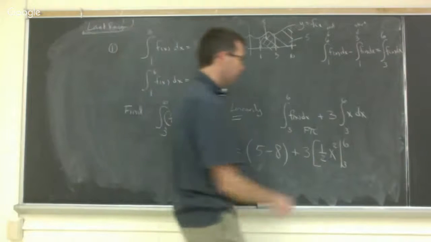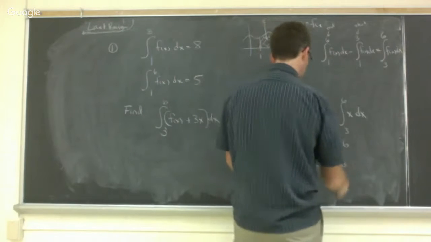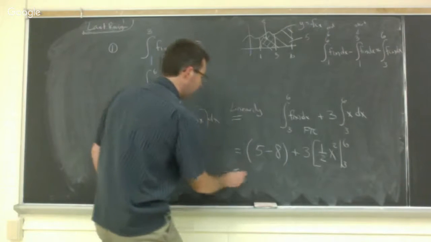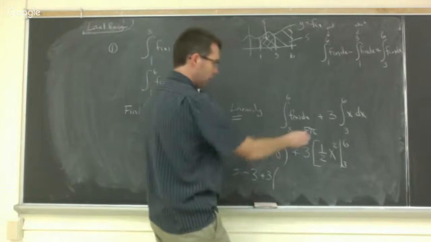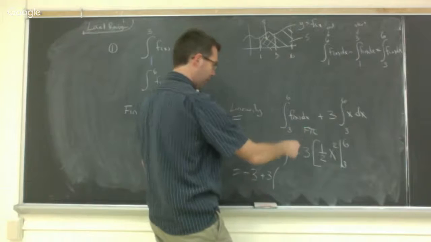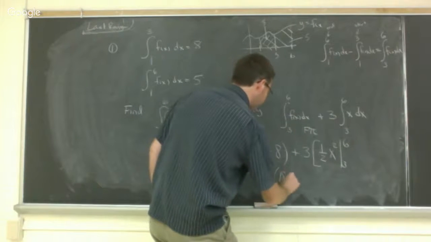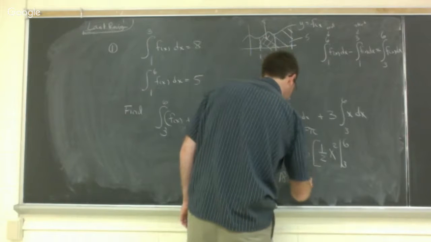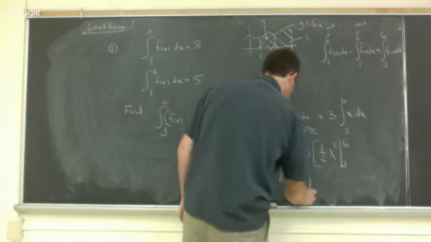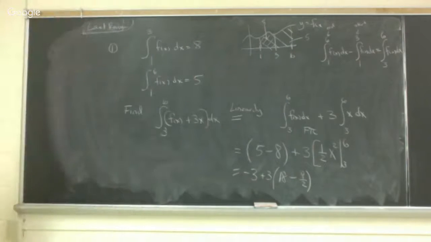And so I'm going to plug 6 and 3 into the antiderivative. So I get negative 3. Let's see what I get. 36 halves is 18 minus 9 halves. So it's negative 3 plus 3 times 18 minus 9 halves, whatever that is, but I don't want to waste our time.